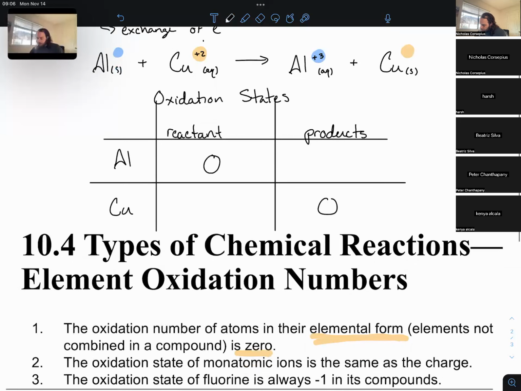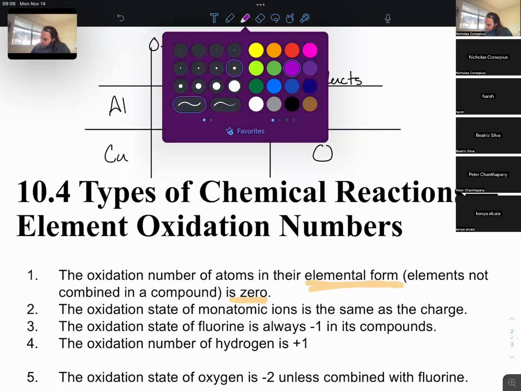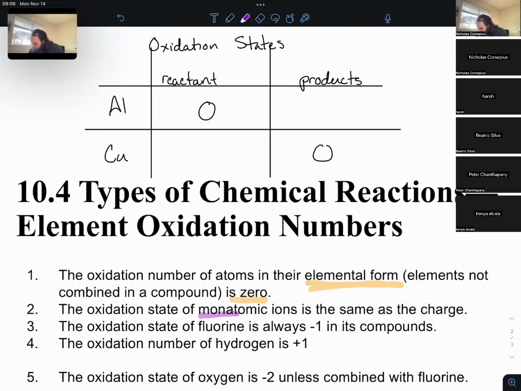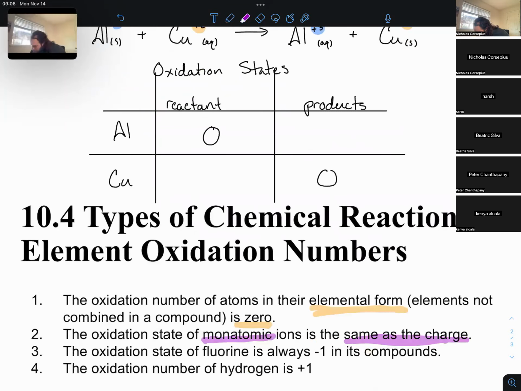All right, so again, that first rule is if it's in its elemental form, meaning it's all by itself and neutral, it will be 0. The next rule says that for a monatomic ion, the oxidation number is going to be the same as the charge. Let's pick apart that word real quick.